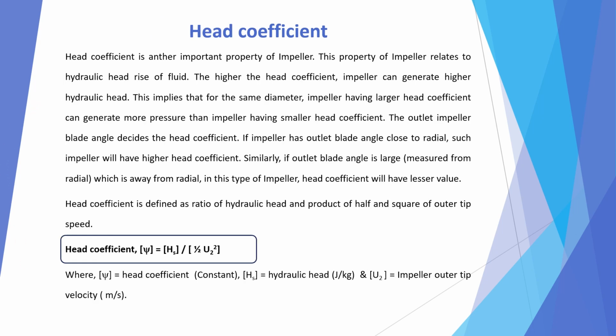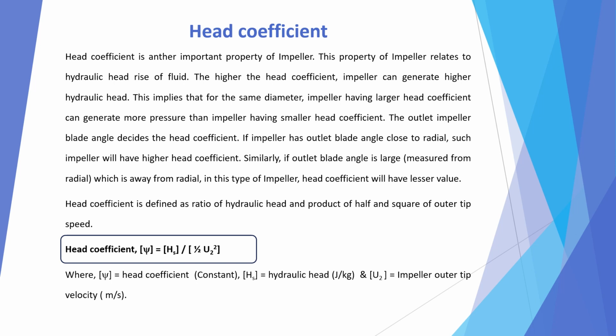The second property is head coefficient, and head coefficient is the property of impeller which relates to the hydraulic head rise of the fluid. Higher the head coefficient, impeller can generate higher hydraulic head. This implies that for the same diameter, impeller having larger head coefficient can generate more pressure than impeller having a smaller head coefficient.